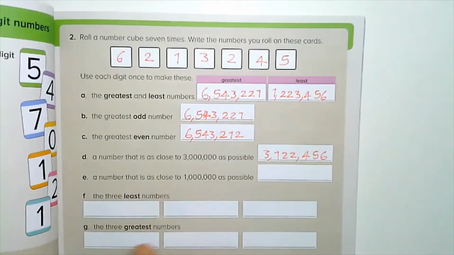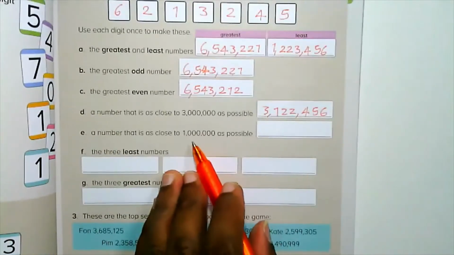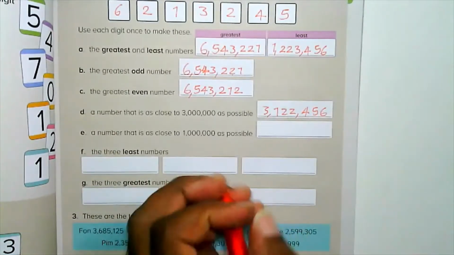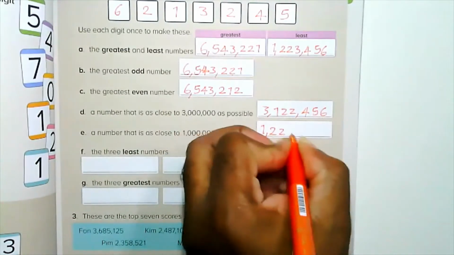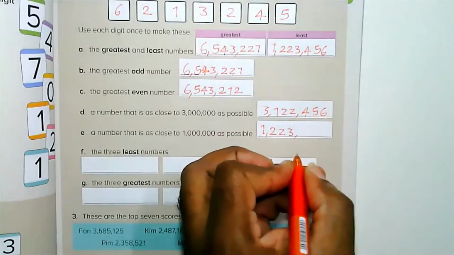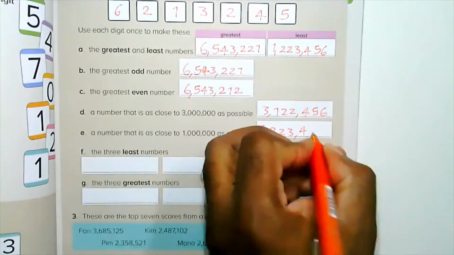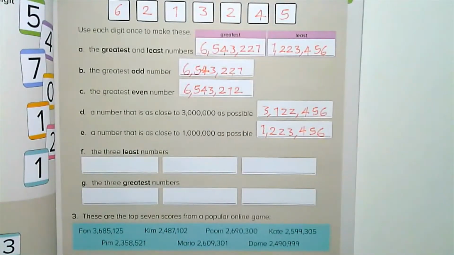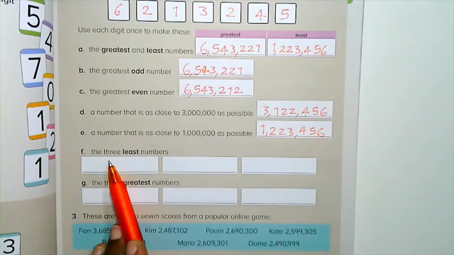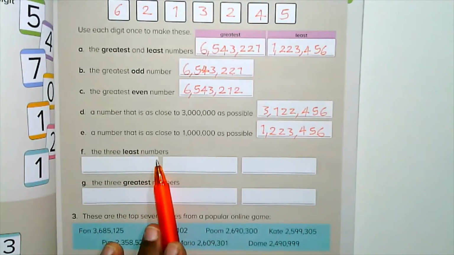And a number that is as close to 1 million as possible will be 1,223,000. There you have it.